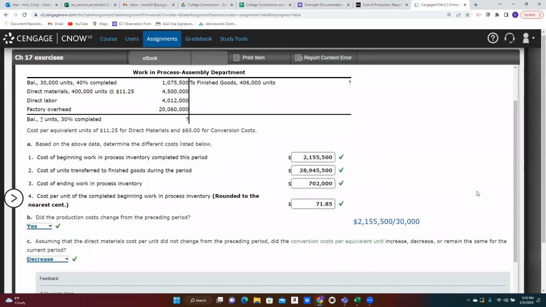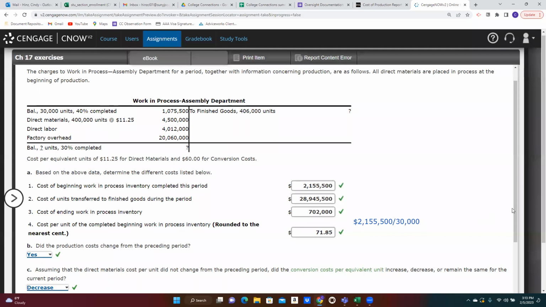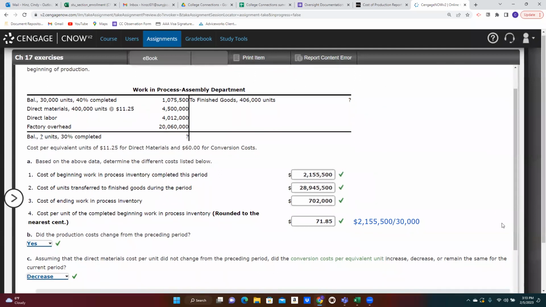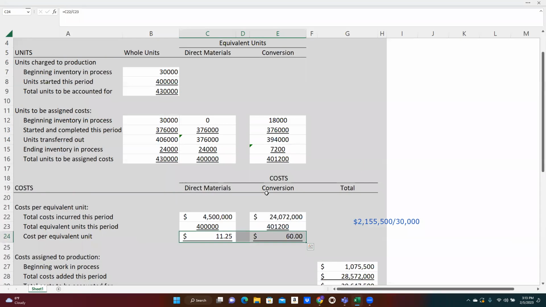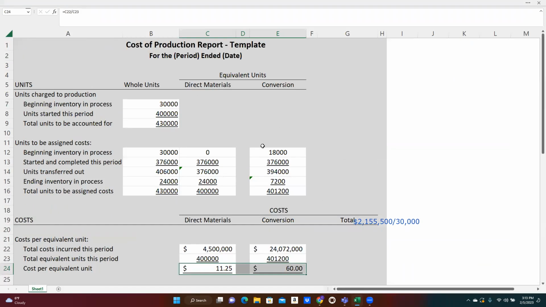Again, this exercise looks like it's fairly simple. And yes, we could have maybe spent a little bit less time finding the answers to these specific questions that were asked. However, I do think it's important to keep it in that common format of the cost of production report. And again, that's why I've provided this template for you.